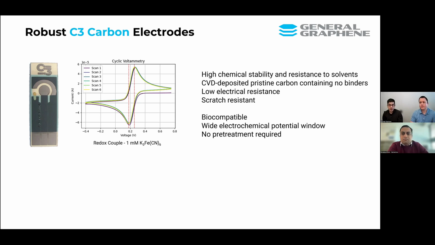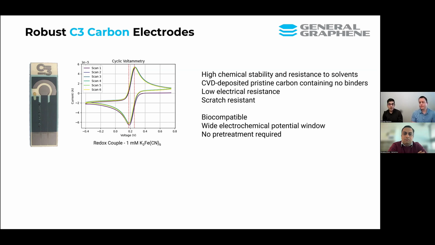And what we've observed as unique features about our platform is that we offer a high degree of chemical stability and resistance to solvents, especially organic solvents. Our carbon is CVD deposited, about 2 to 2.5 microns in thickness, and it contains no binders that would interfere with the signal of the device.